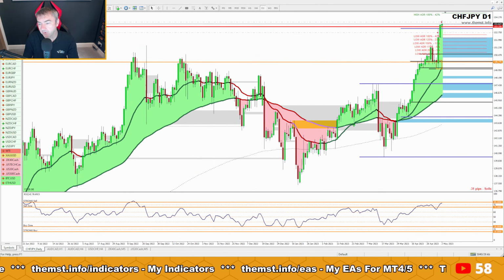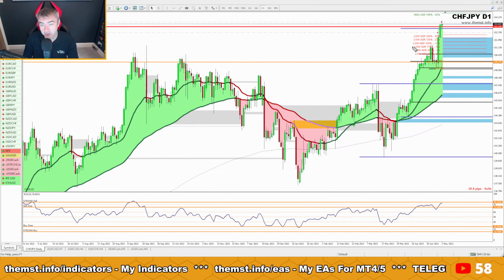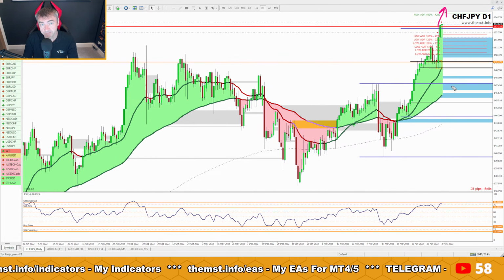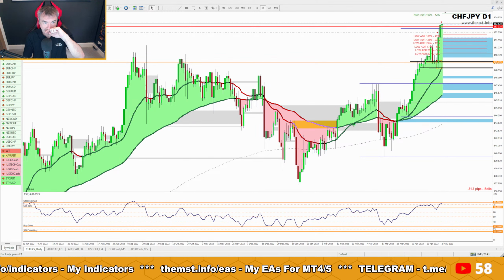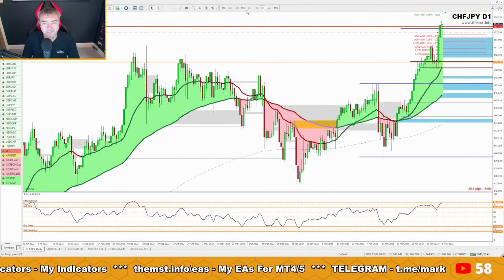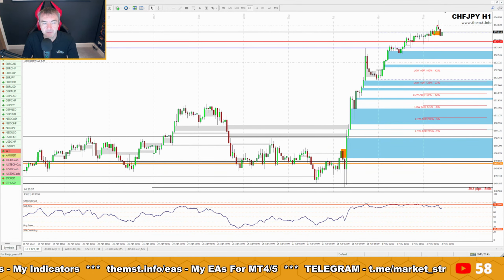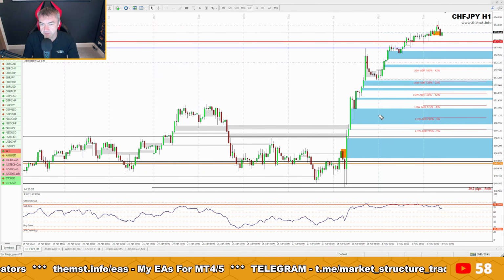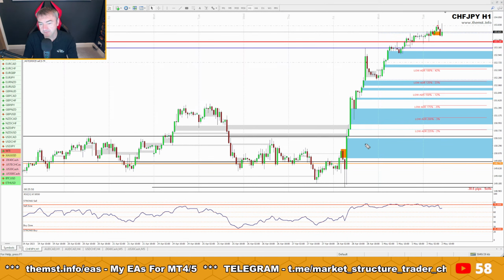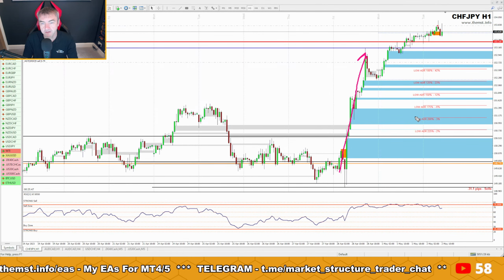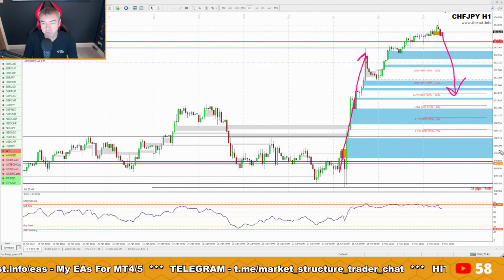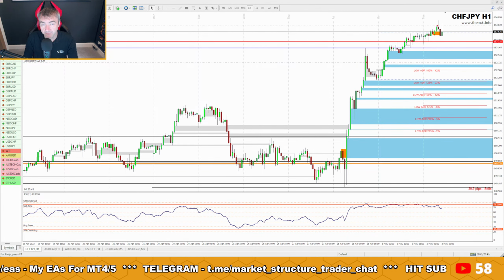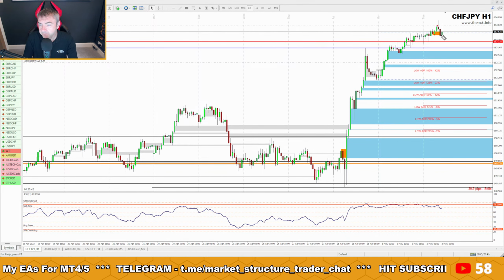If we get a 4 on the interest rates on the euro on Thursday, this thing's going to take off. So just be a little careful mean reverting this one at the minute, because if the euro does get a pump on Thursday, the Swiss is going to go with it. So if you're in any shorts on it at the moment, targeting these downsides off the back of this yen move that we had last Friday, you just want to try and get out of them this week by Thursday if you can, just in case.